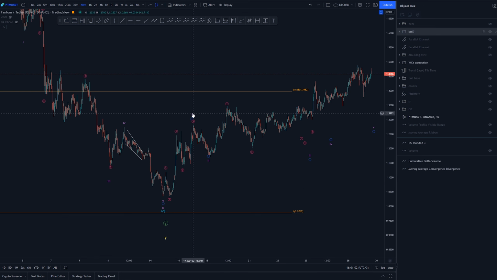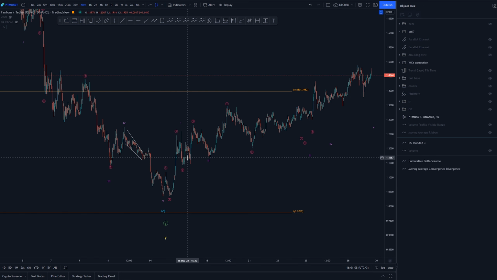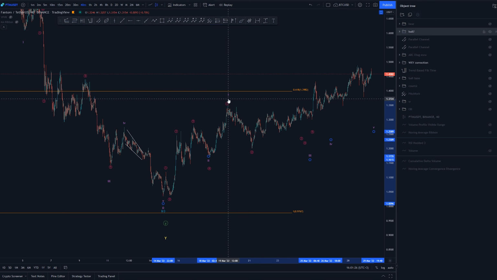Now there is definitely merit to placing 1 here as well, as this low did not interfere with this one. Again, there's no issues placing 4 here, or having even a super large wave 4, placing wave 4 here, and then the wave 1 here.